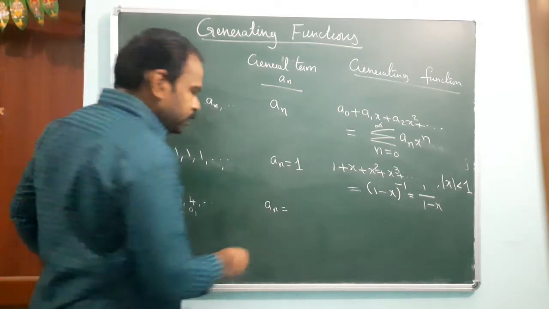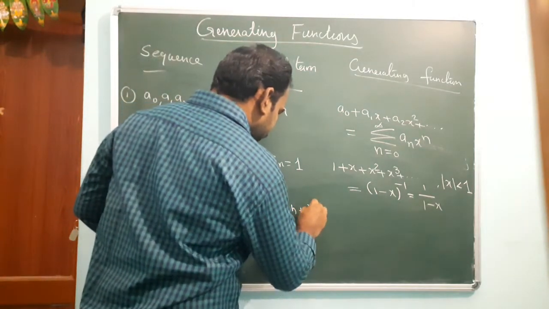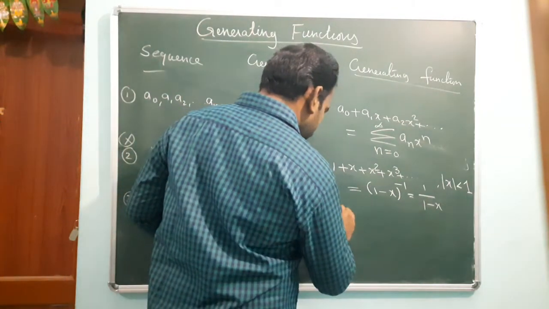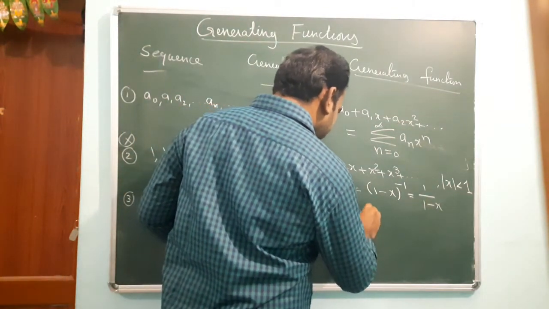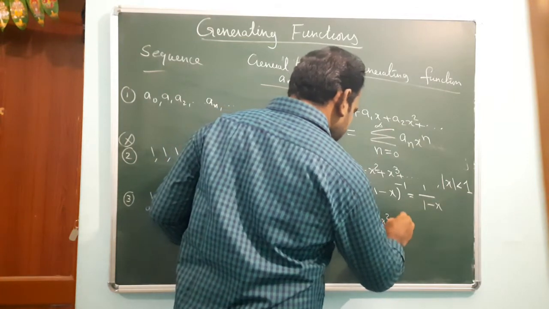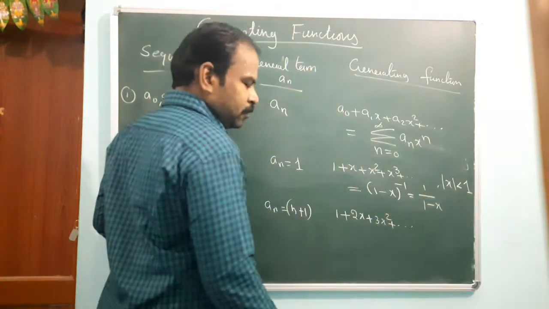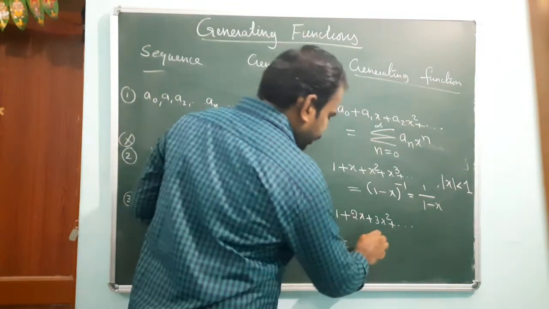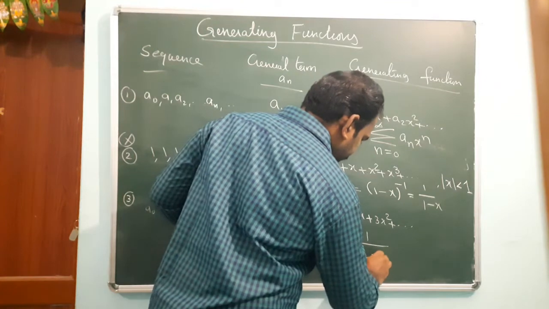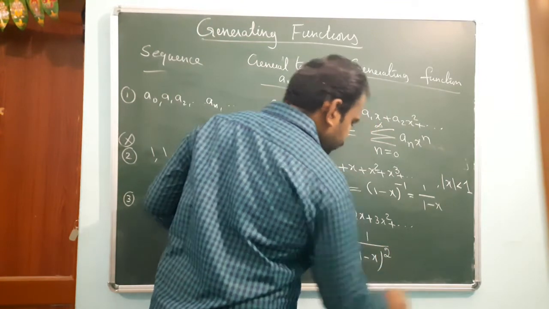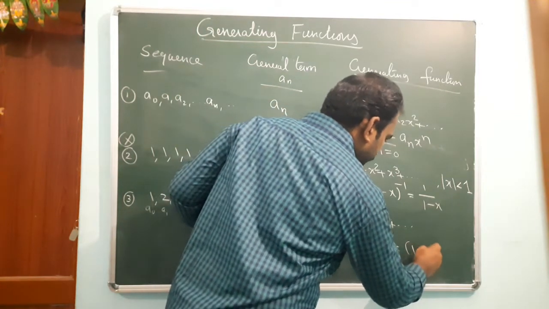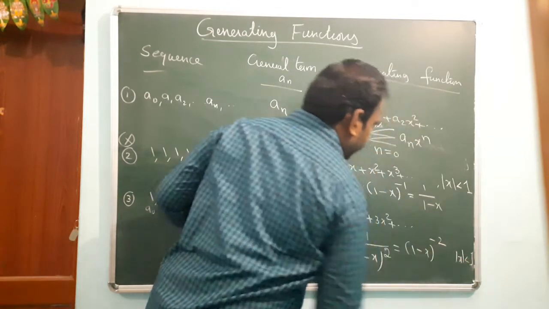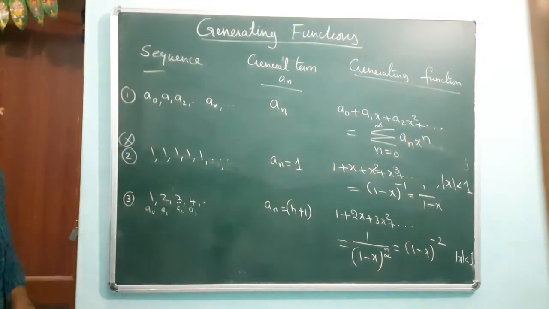So an means n plus 1. So what is this? 1 plus 2x plus 3x square plus etc. It is also one famous infinite series, whose value is 1 minus x whole power minus 2, where modulus x is less than 1.